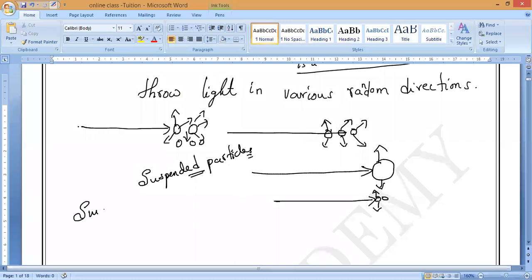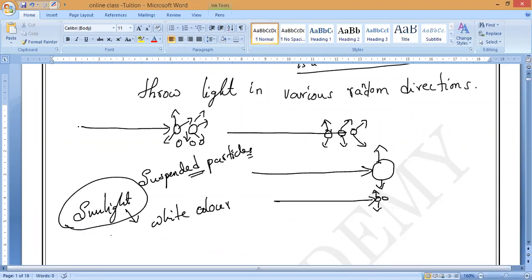What is the color of sunlight? Sunlight is white in color. Yes or no? If you take the scattering of this white sunlight or any colored lights that make up the white sunlight, everything is because of scattering.